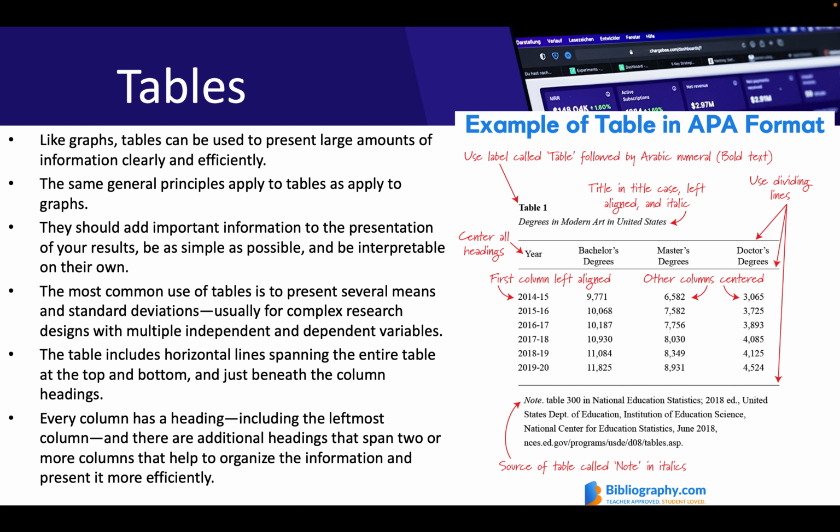The most common use of tables is to present several means and standard deviations, usually for complex research designs with multiple independent and dependent variables. The table includes horizontal lines spanning the entire table at the top and bottom, and just beneath the column headings. Every column has a heading, including the leftmost column, and there are additional headings that span two or more columns that help to organize the information and present it more efficiently.